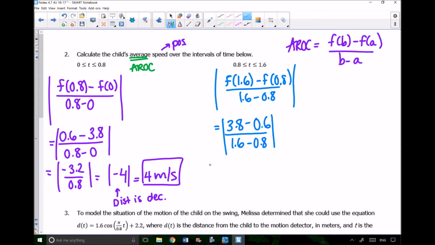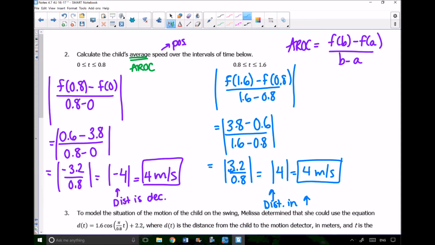Take the absolute value. Sorry, I get 3.2 over 0.8, so I get 4. Since it's positive, this is telling me that my distance is increasing, so the child is getting farther away from us between 0.8 and 1.6, at a rate of 4 meters per second as well. So they have the same average speed, even though our graphs look slightly different.